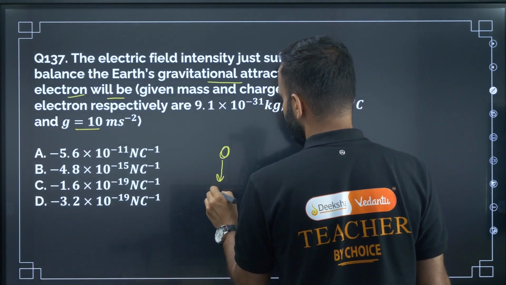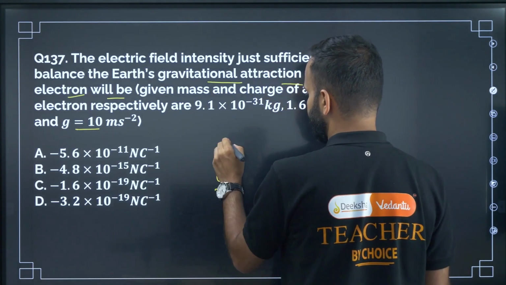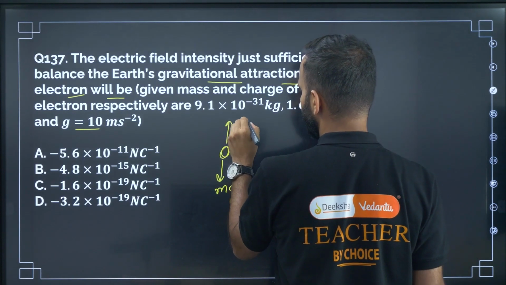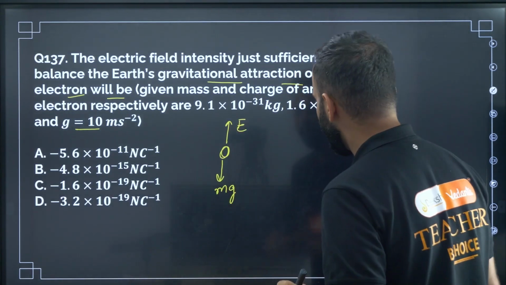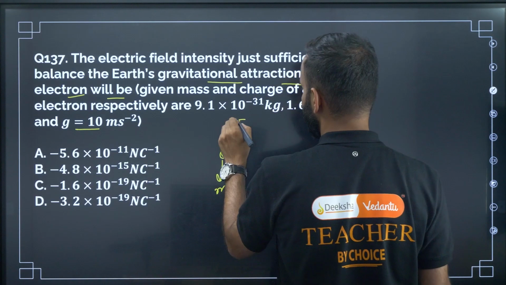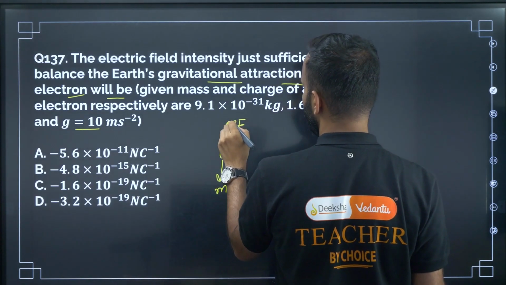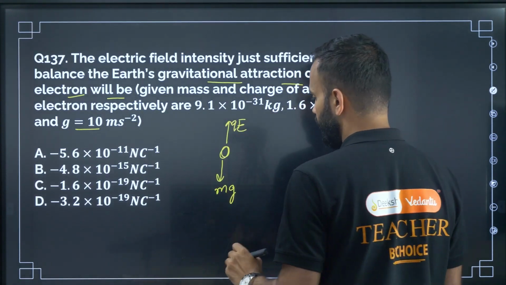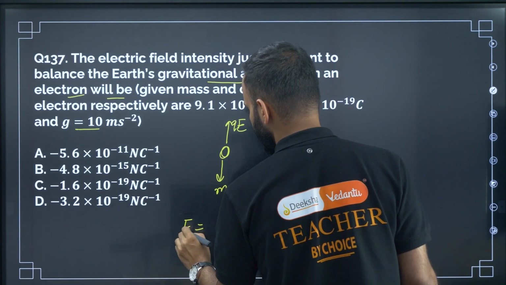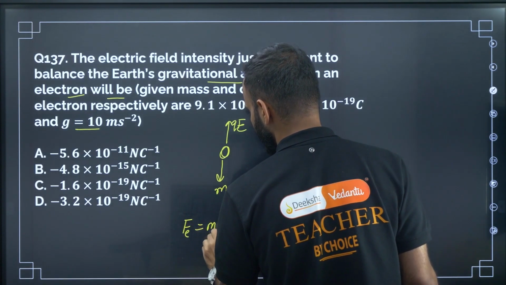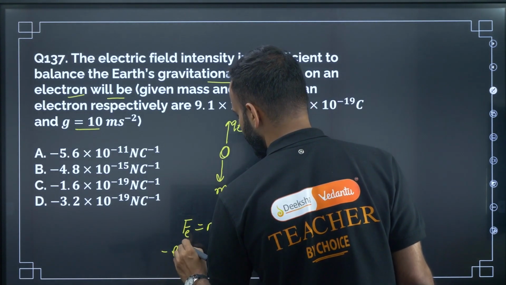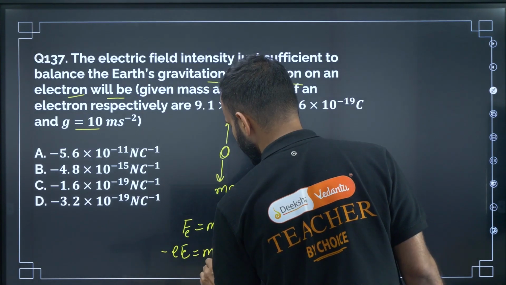So this is the electron. The weight of the electron is mg. It is balanced by the electric force, Q into E. Now the electric force is equal to mg. So minus e into E equals m into g.